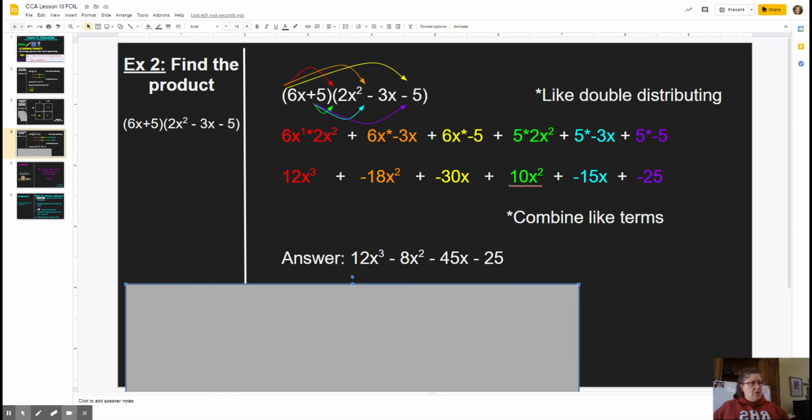Remember, the symbol in front of the number goes with that number, okay? Then 5 times 2x squared, 5 times negative 3x, 5 times negative 5. Okay, go ahead and put your hands down.